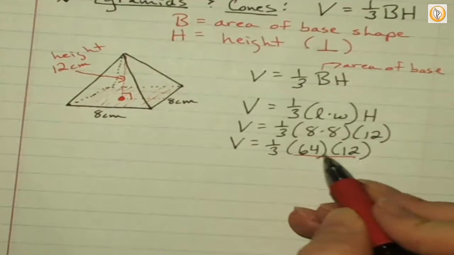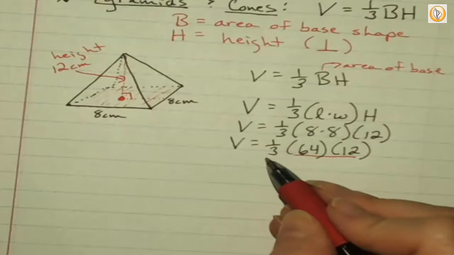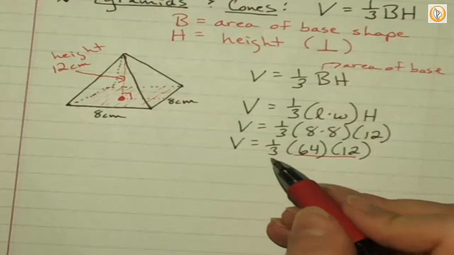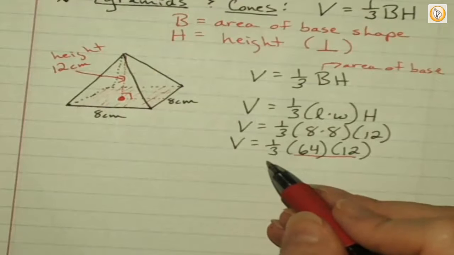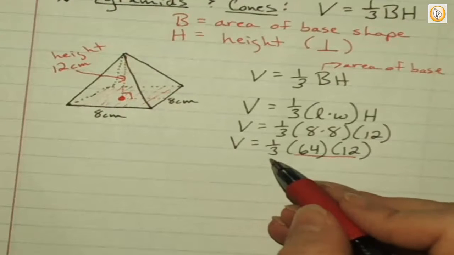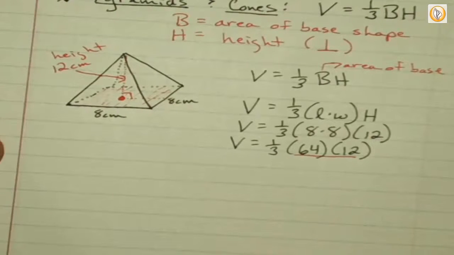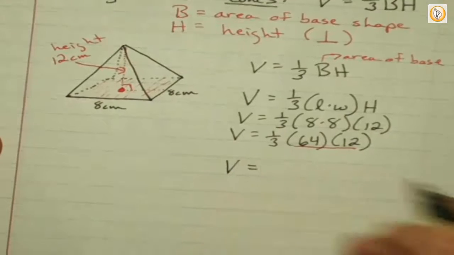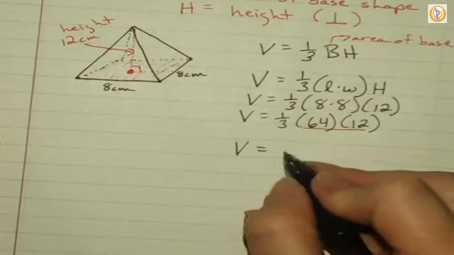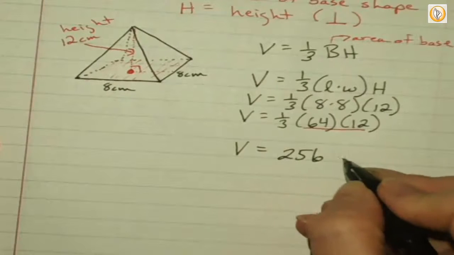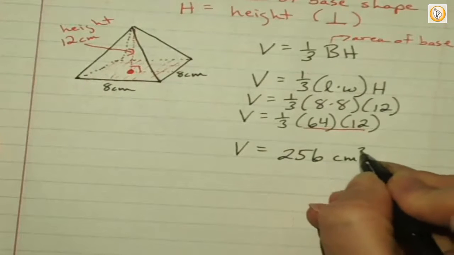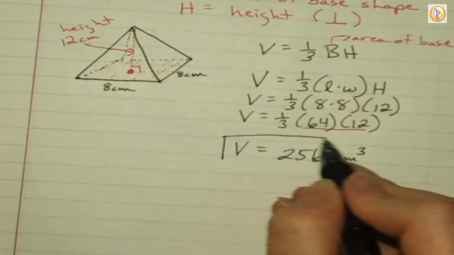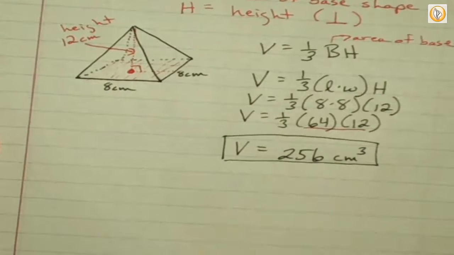So we multiply these two together, and then we divide by 3. If it's a 4, then we divide by 4. If it's a half, we divide by 2. Does everyone understand that? I know how to string it all together. Okay, that's good. If you did it correctly, you would get 256 centimeters cubed. And there's your answer.